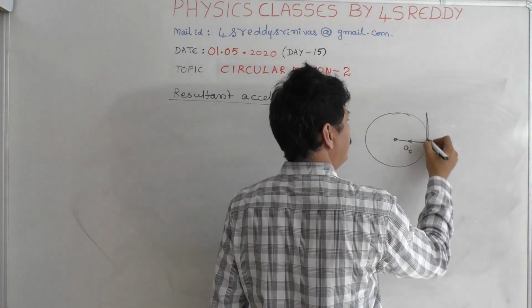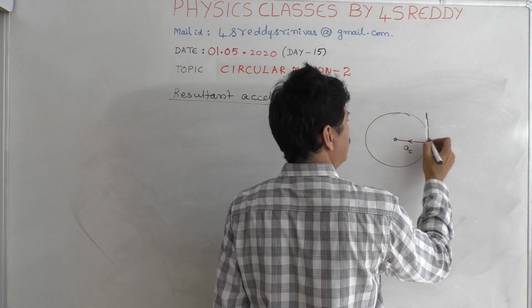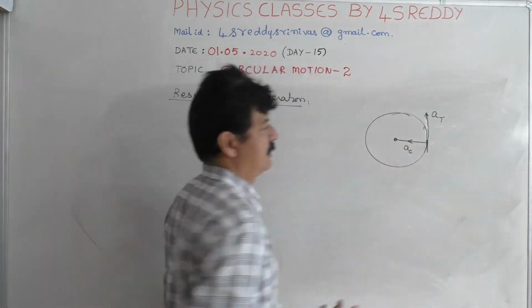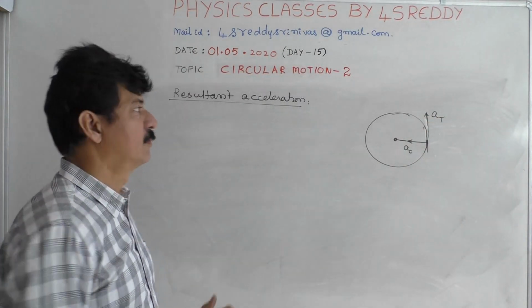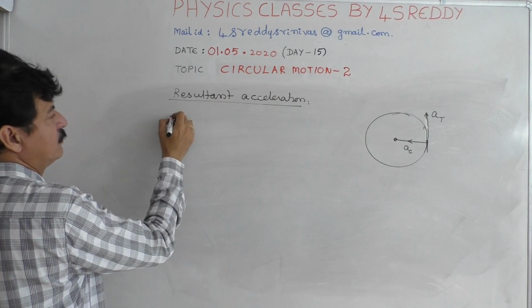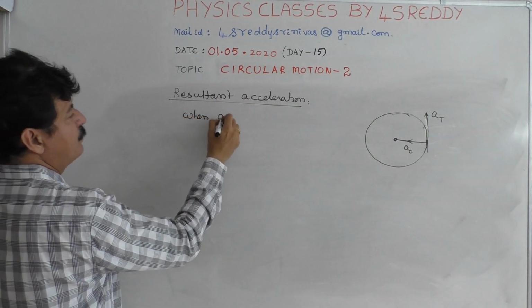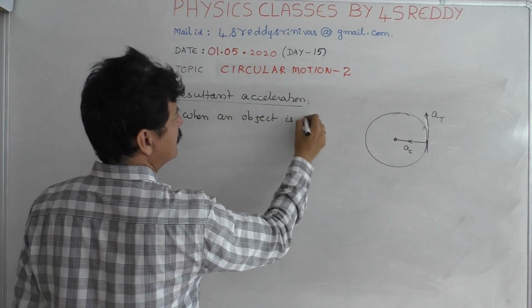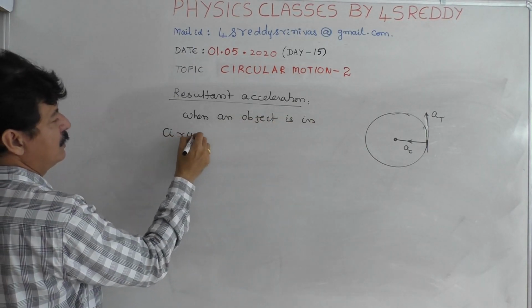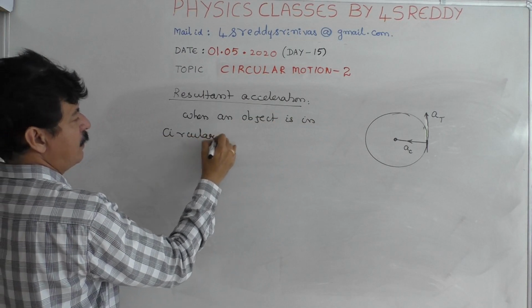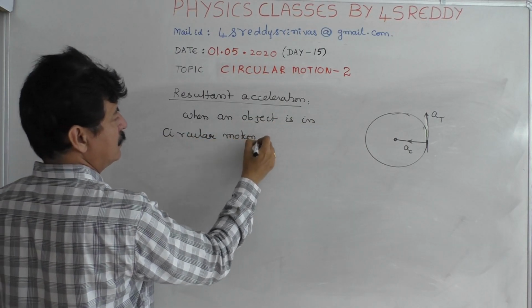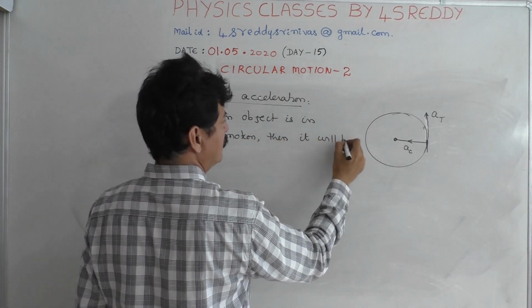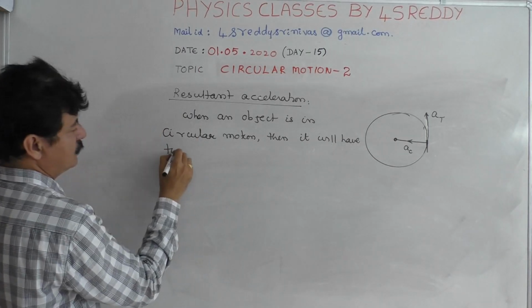At the same time, because the direction of velocity continuously changes, there is the tangential acceleration. So first thing, when an object is in circular motion, it will have two accelerations.